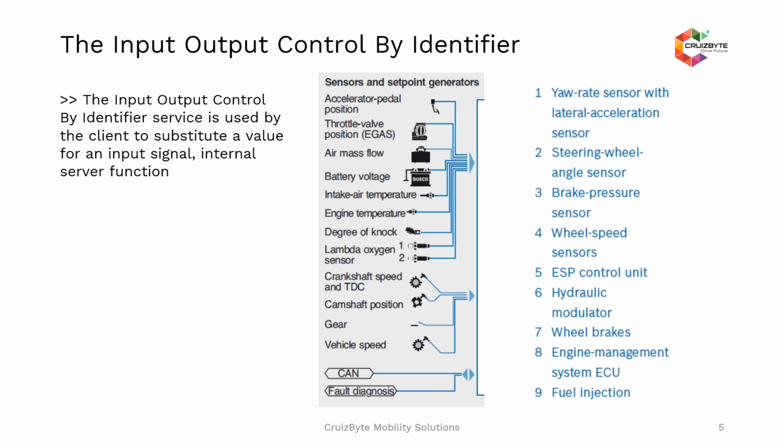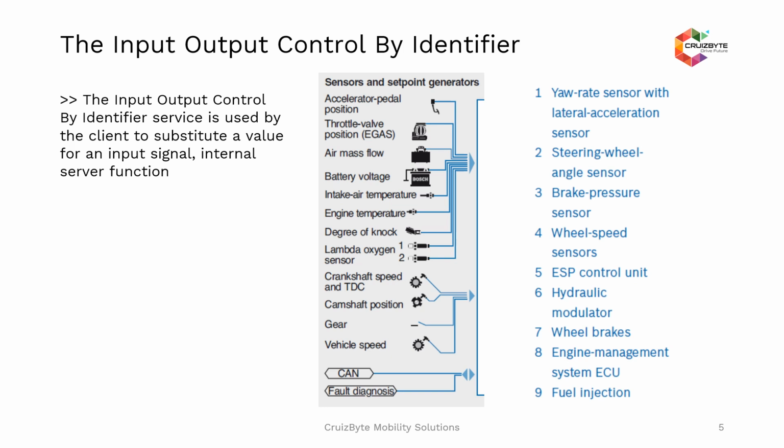So this is where the input control by identifier service is used by the client to substitute the value of an input signal. That means it could be an input signal coming directly from the sensor, whose value you can change, or any sub function which uses this sensor signal where some calculation happens internally.